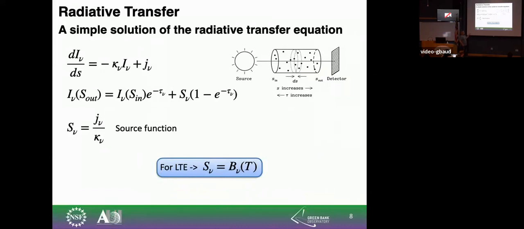We have some distance at which we begin our ray's path, and then we are absorbing that by some amount related to the exponent of the negative optical depth. And then we have the source luminosity itself, the flux density, times 1 minus e to the minus tau as well. So this covers the absorption and emission that happens along that ray path. And that gives us this source function. And as I just covered, that source function is actually equivalent to the black body.